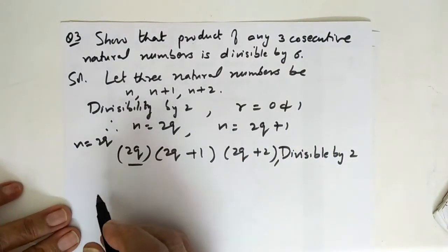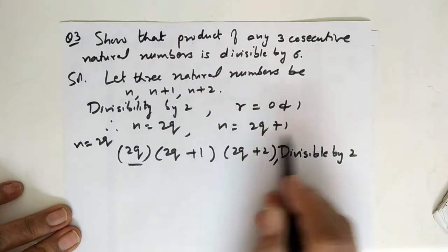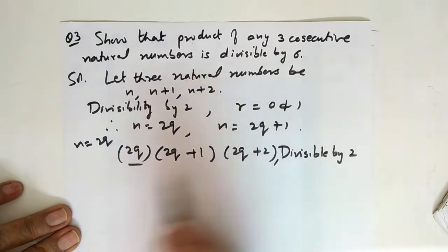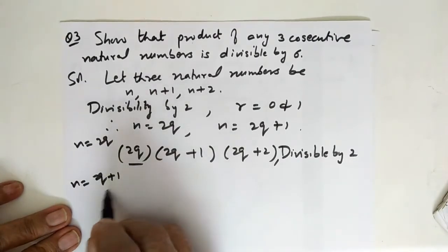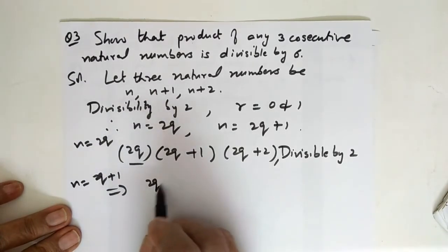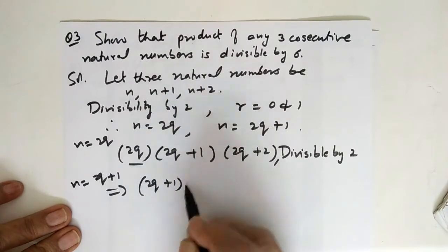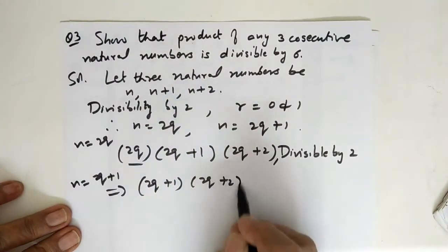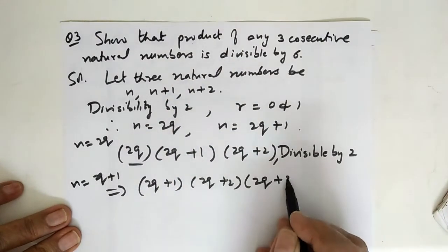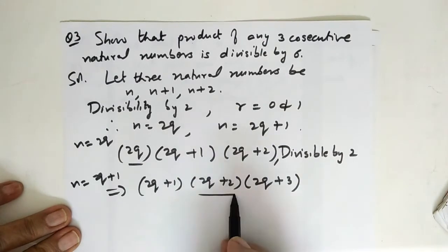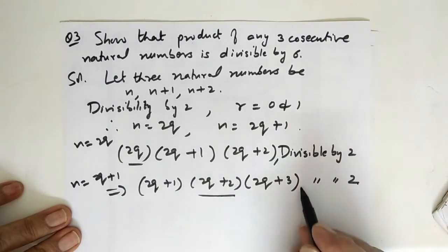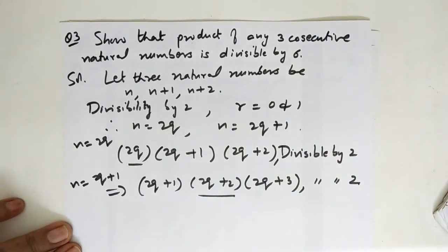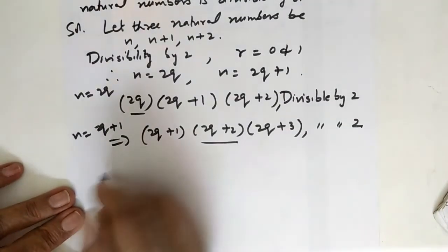Now second, instead of n, write 2q plus 1. Our numbers will become 2q plus 1, 2q plus 2, 2q plus 3. Due to this, it is again divisible by 2. Now, divisibility by 3.